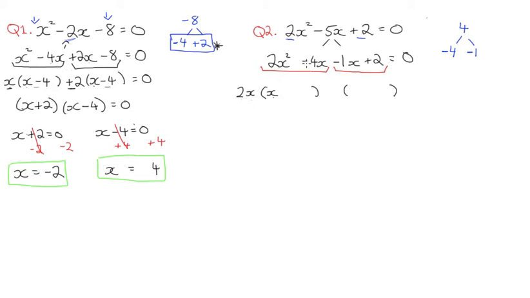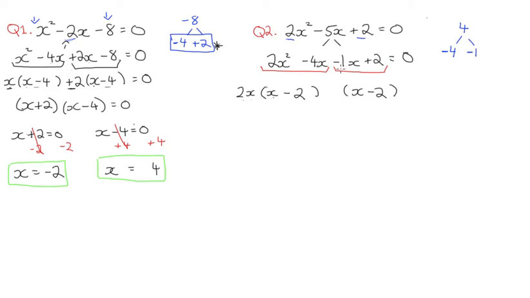And 2 taken out of minus 4, minus 4 divided by 2, would be minus 2. And the x here is taken out of here. So let's check this. 2x multiplied by x is 2x squared. 2x multiplied by minus 2 is minus 4x. That's correct. So I rewrite the x minus 2 over here.